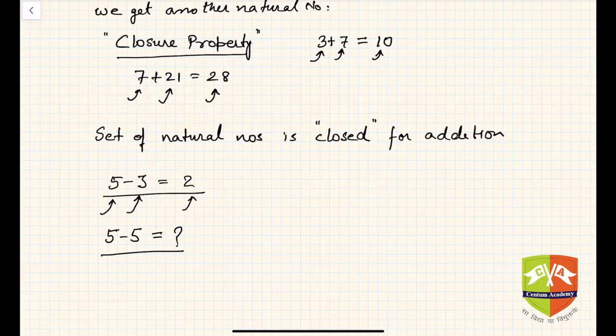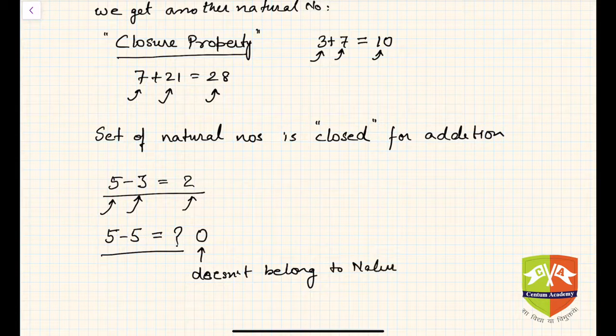What is the solution? So hence, if you know the history, Indians were the first people who came out with the concept of 0, right? So 5 minus 5 was now expressed as 0. But then this 0 doesn't belong to counting numbers or natural numbers, because you don't really count nothing, right?